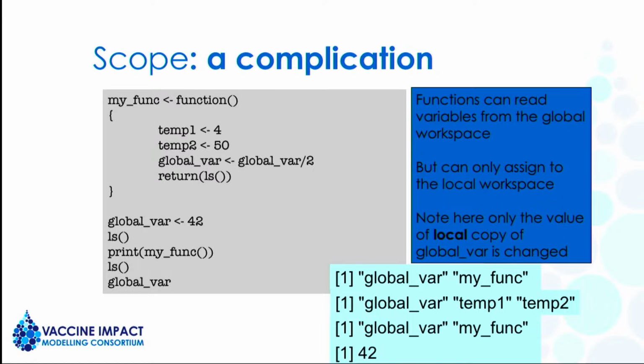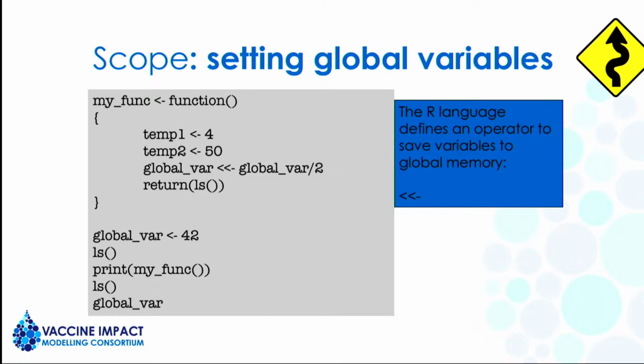There's a good reason why R lets you do this. If you were working with, instead of just a number, a genome sequence, which is several gigabytes of data, you wouldn't want to copy that into the function because you'd run out of memory on your laptop. So it makes sense, if you want to work with large data sets, to be allowed to do this, but you need to be aware that R does this to avoid getting yourself into a pickle.